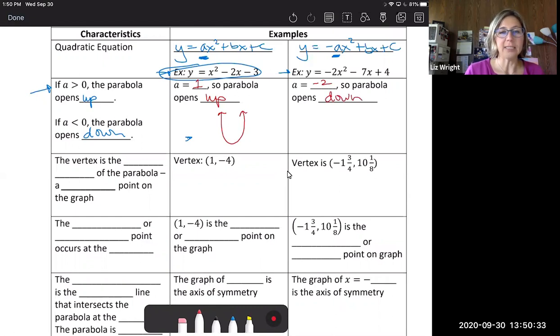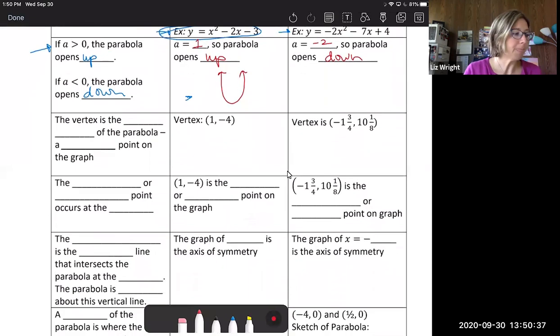So the next piece that we can pull from the equation is going to be our vertex. So the vertex is also called the turning point. So it's called the turning point of the parabola. It's a single point on a graph. So what that means is, for example, if we have this, and I talk about the turning point.